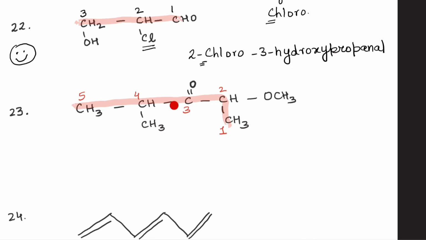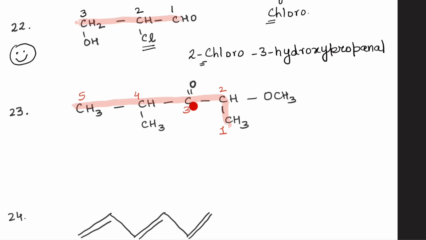Now, since my ketonic group is the primary group, we shall try to give it the smallest number possible. So if I start from this end, this gets position number 3. If I start from the left hand side, it gets 1, 2 and 3. So in both ways, we are getting position number 3.